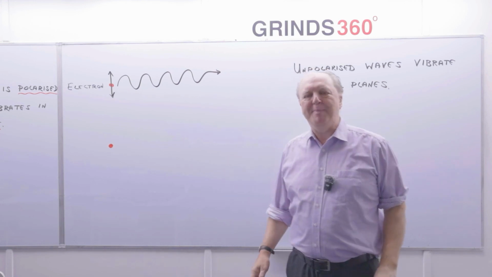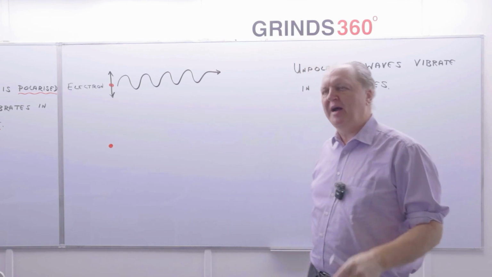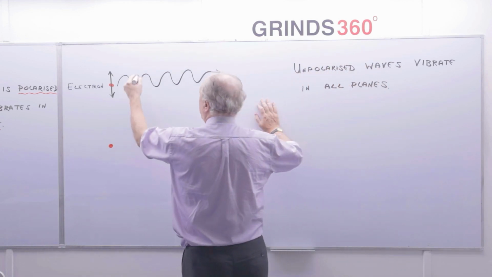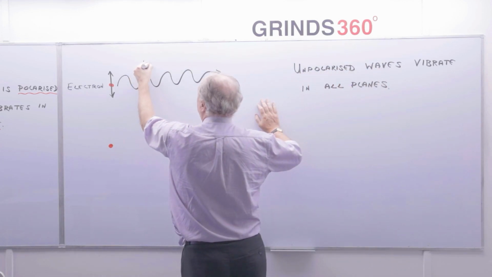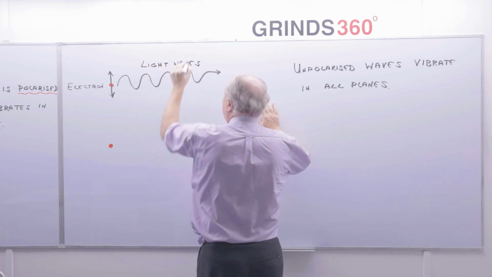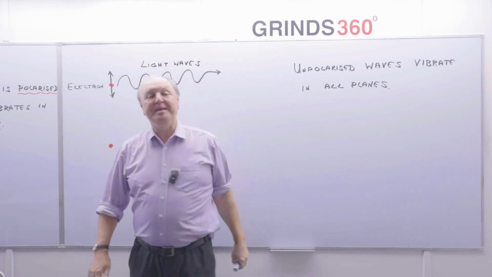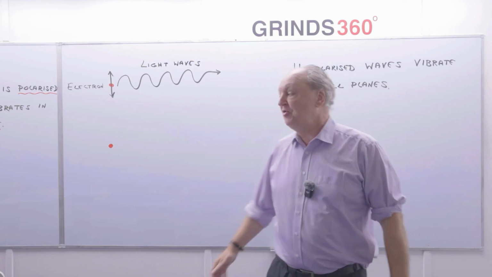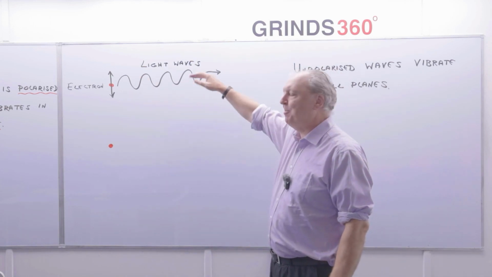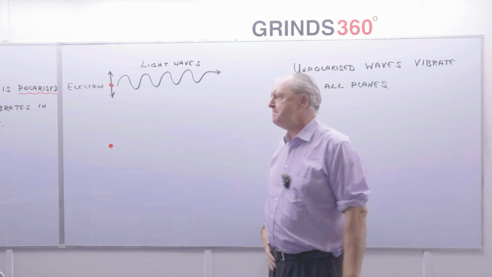We'll talk more about that detail when I do the third part of this lesson. So vibrating charges, or electrons, generate light waves. Again, that will be plane polarized. The electron is just vibrating in a particular direction and it generates a plane polarized wave.